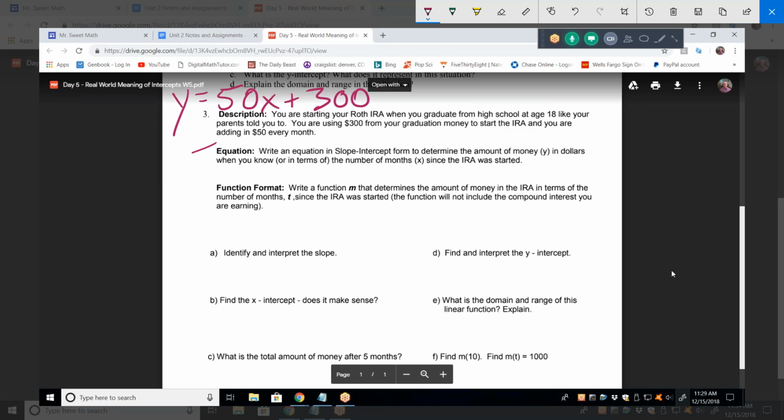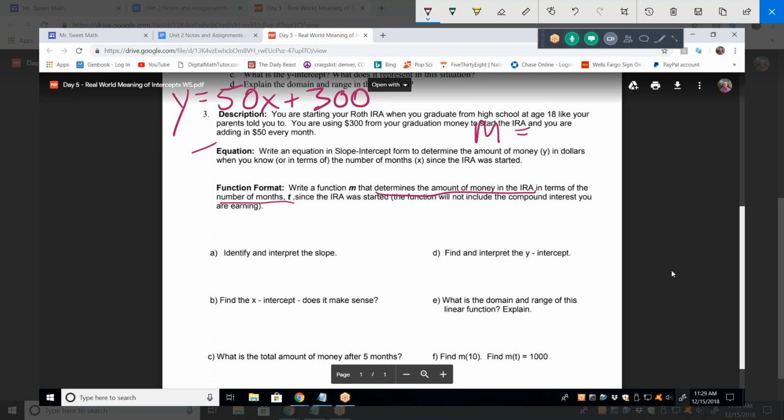Now write a function m that determines the amount of money in the IRA in terms of the number of months since the IRA was started. The function will not include the compound interest you are earning. So m, that determines the amount of money in the IRA in terms of the number of months since you started it.